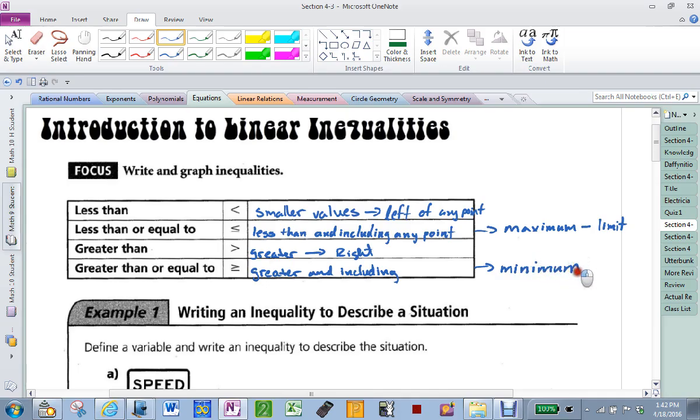Okay? That is what those four symbols mean. They are the only thing that is going to change from an equality to an inequality. Okay?